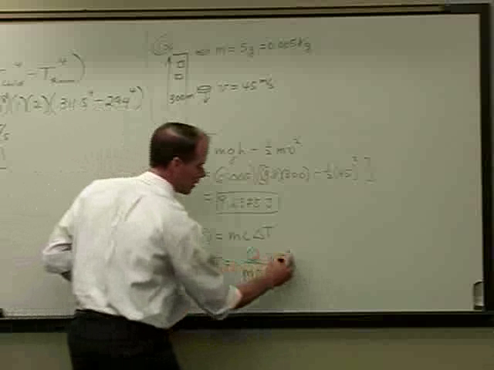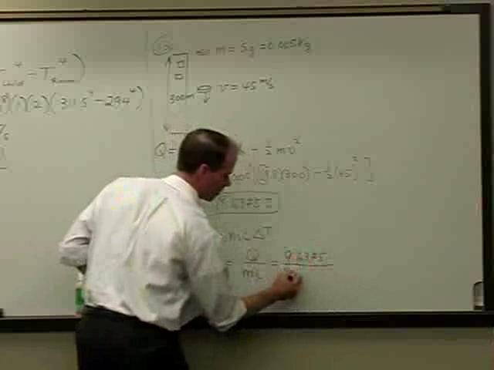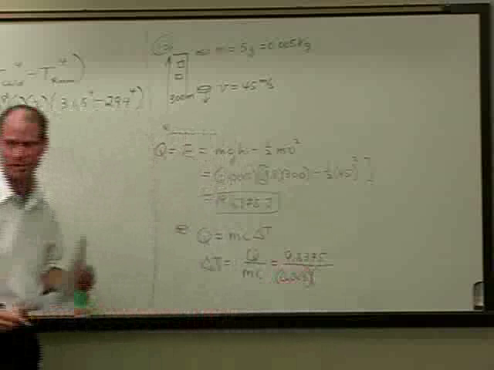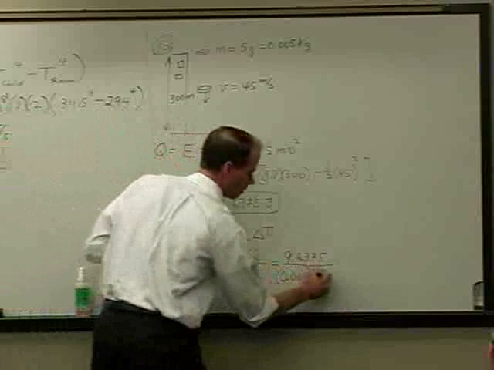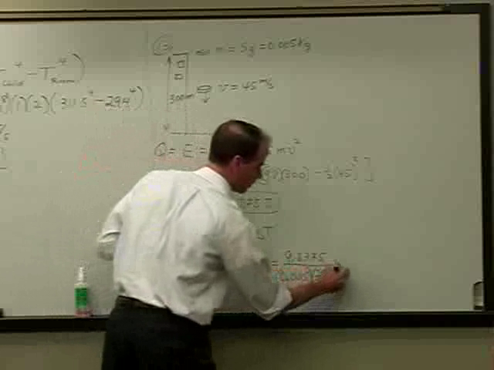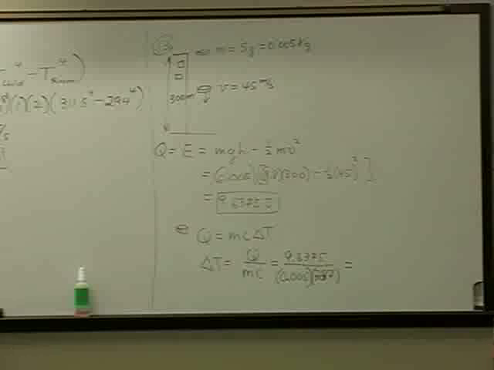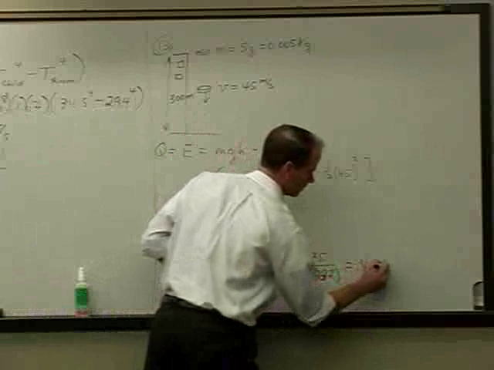So that would be 9.6375 joules divided by the mass of 5 grams, 0.005 kilograms, and specific heat of 387. And what do you get? 4.98 Kelvin.